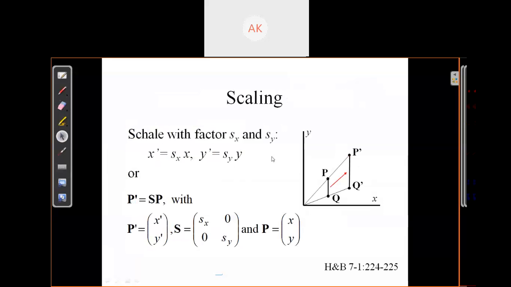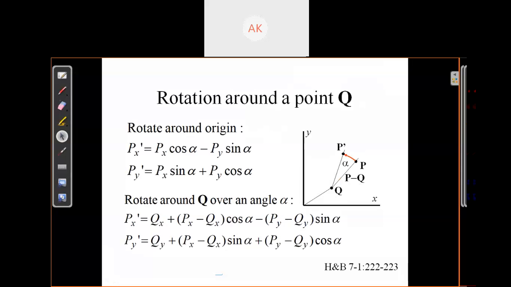Now let's see the scaling in the rotation. We follow the same way as a rigid body transformation: we first transform our points to the rotated points, then redraw the object. Suppose you want to rotate a polygon from one position to another, about this axis by 90 degrees.